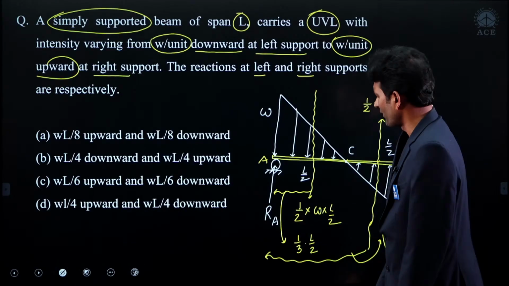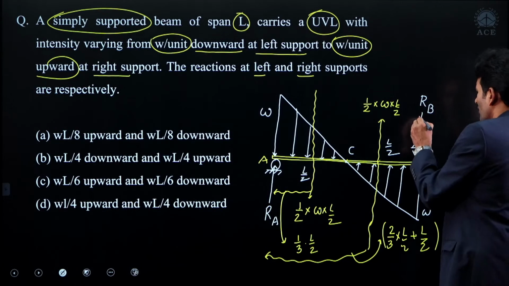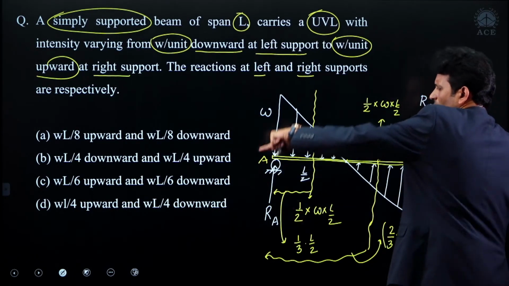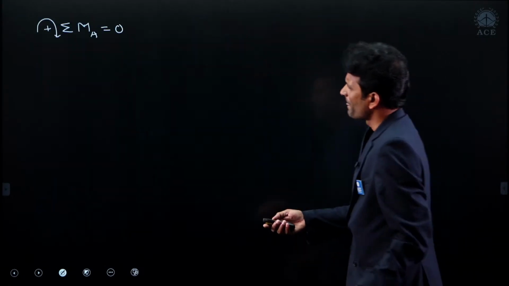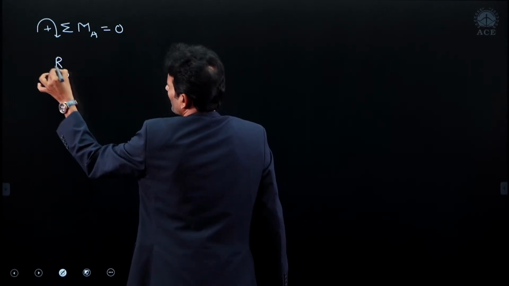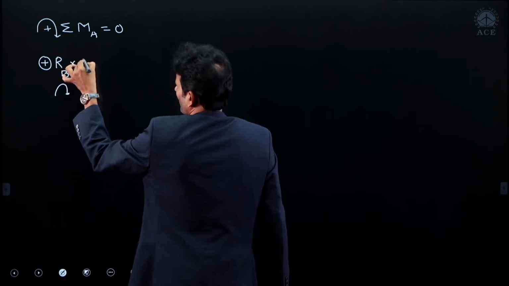See how many loads we have. Let us start from here. When I start from here, there is RB. What rotation does RB give about A? It gives clockwise rotation. At what distance is RB? It is at L unit distance. RB is a positive value because it is clockwise rotation at a distance of L.